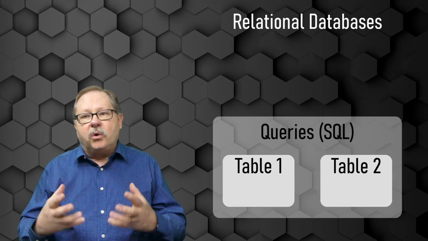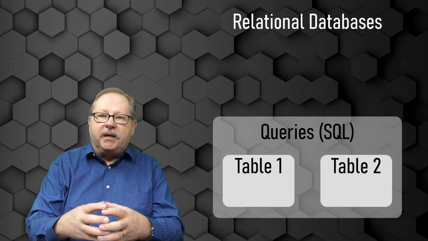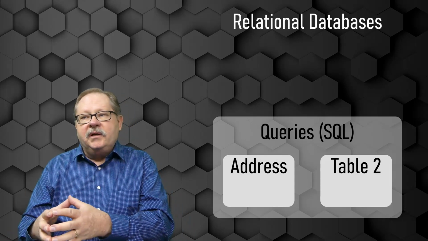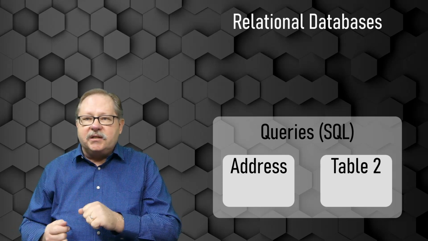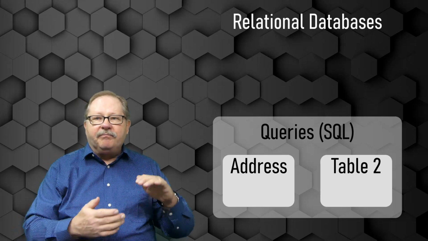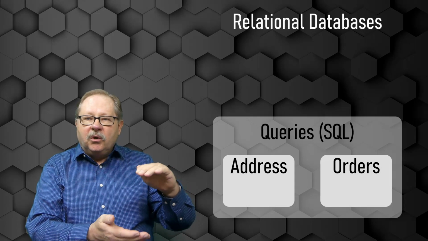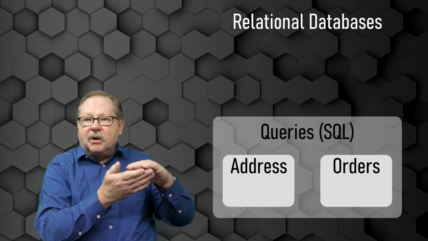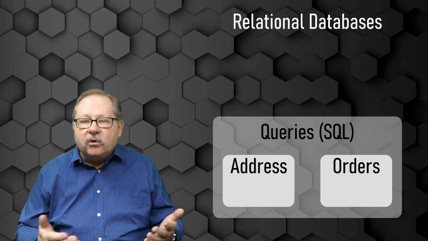So you could query the data, so you could put those tables together. If you had an address table where you had just everybody's addresses, it could be separate from the customer order table, where each record in the address could have multiple orders in an order table.